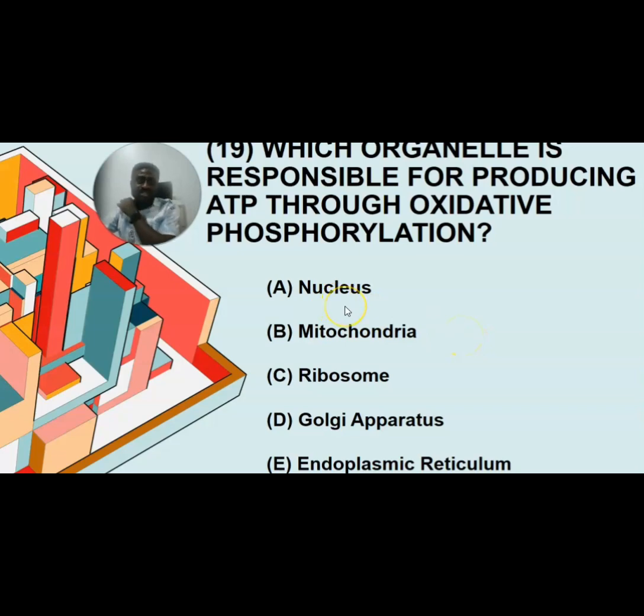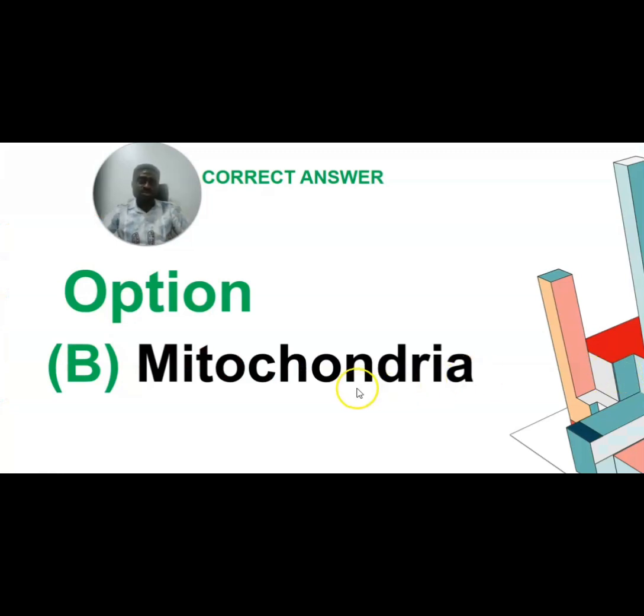The nucleus is actually the central part of the cell that controls or directs all other activities of the cell. The ribosome, of course, is the place for protein synthesis. The Golgi apparatus is another component also. Then the endoplasmic reticulum, and so on. So the answer is option B, mitochondria. Singular is mitochondrion when you have just one.